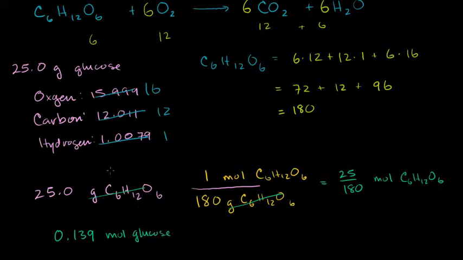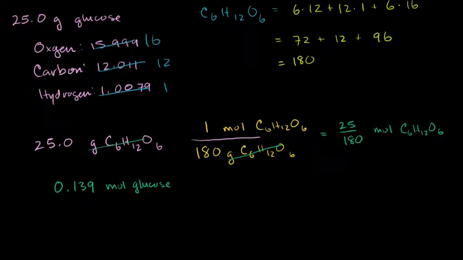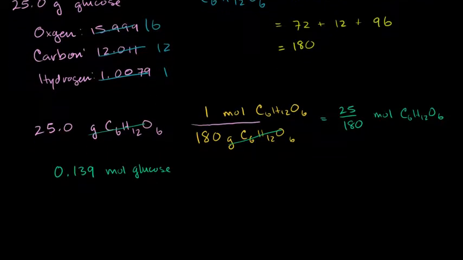Now, we want to figure out how many moles of oxygen. The first step is, for every mole of glucose, how many moles of oxygen? And we know that. It's 1 to 6. So let's write that down. That's going to tell us how many moles of oxygen we need. And remember, we want to get rid of this moles of glucose, so we want to write that in the denominator.